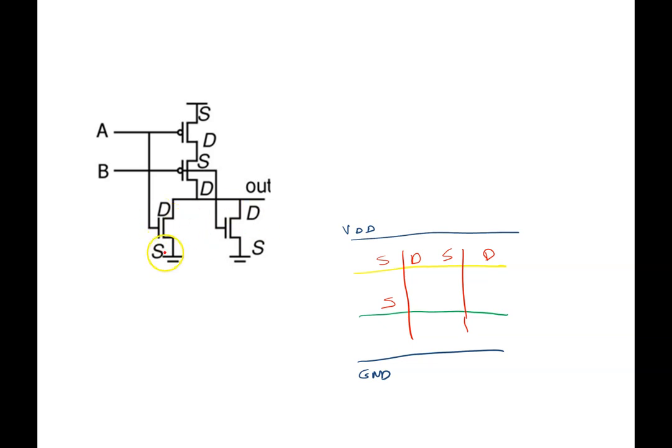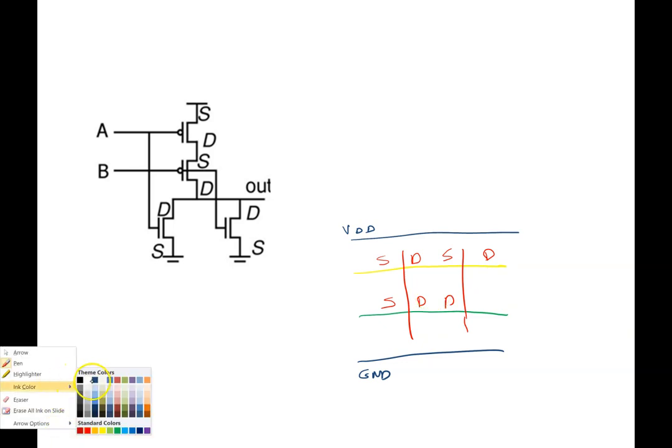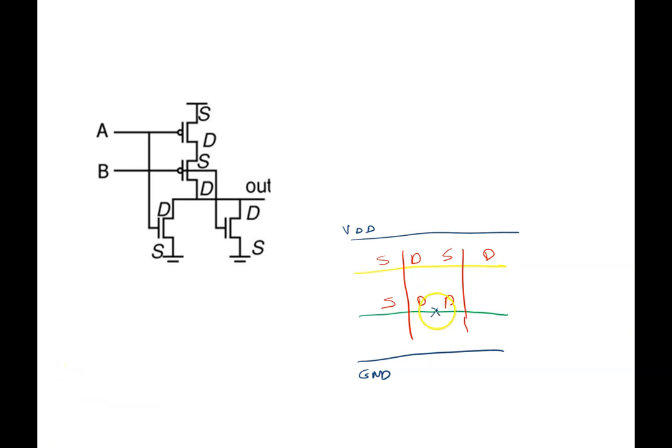Now I need to put these in parallel. The only way to do it is to have drains together, sources together. So I will call this the drains and just put an X here and move it to the output. So I can just put a contact and then form the output from the drains.